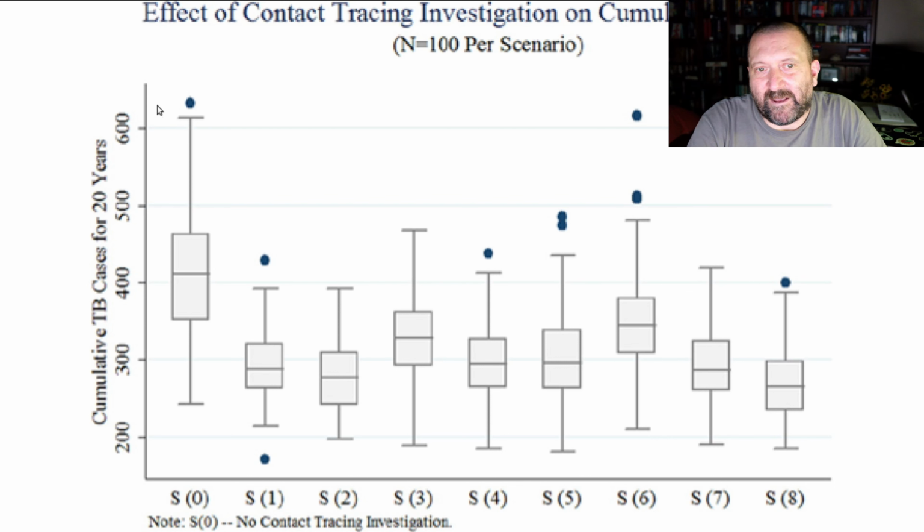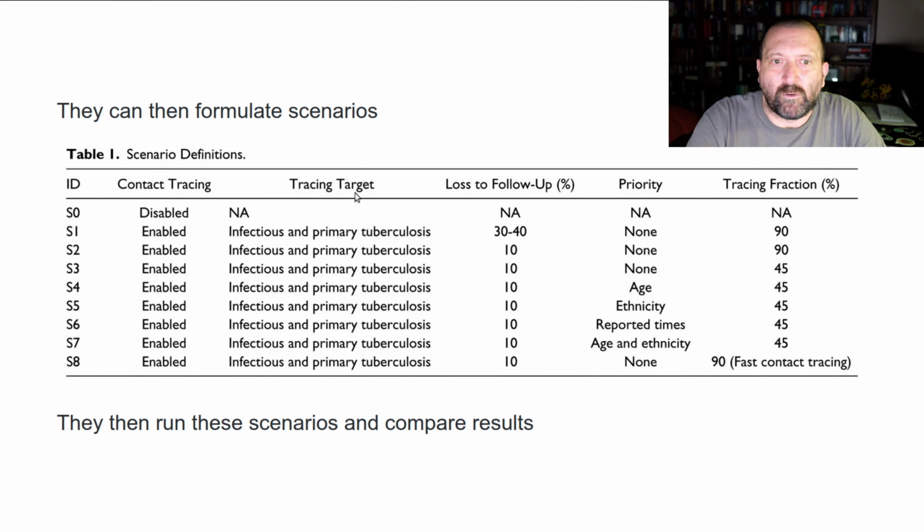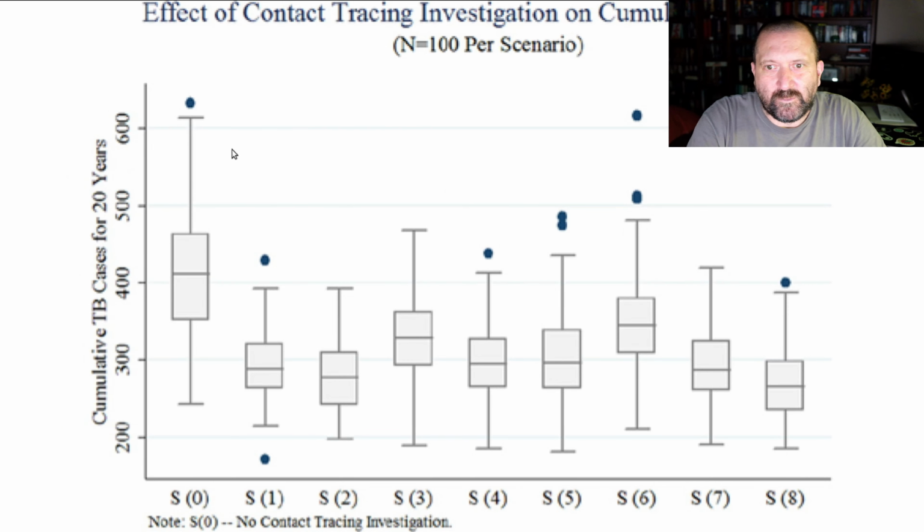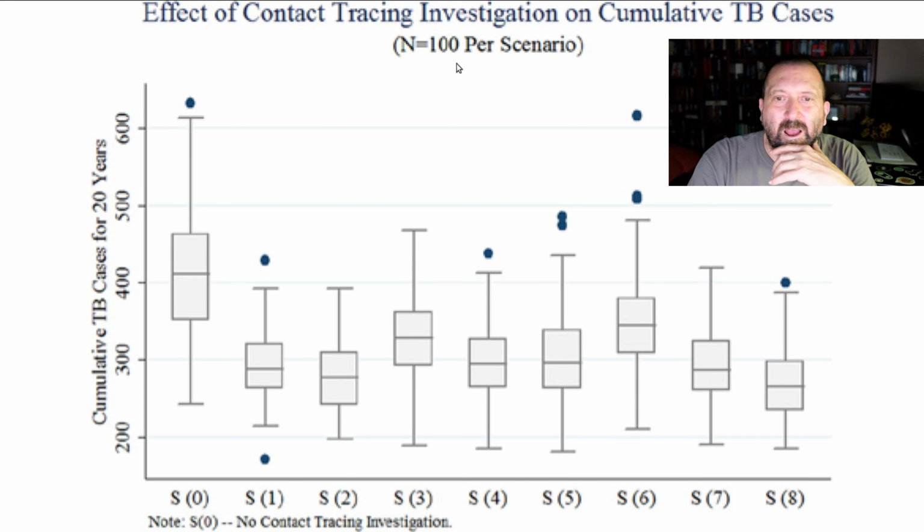And as you can expect, remember S0 was no contact tracing. Well, if you do no contact tracing, then that's where your worst outcome is. But then you can evaluate the different outcomes of contact tracing scenarios depending on the situation.